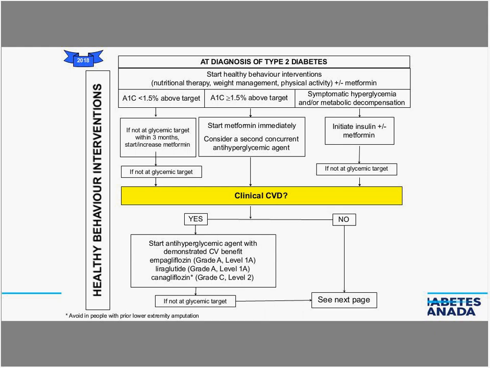It'll come to me. Grade A evidence for particularly adding Victoza or liraglutide at this stage as well. These are drugs that not only lower A1C, they lower body weight, but also reduce the 3-point major adverse cardiac event rate and reduce cardiovascular mortality. So that's why these drugs are considered the drug of second choice after metformin, because they not only address the glycemic issues, but they address cardiovascular mortality.